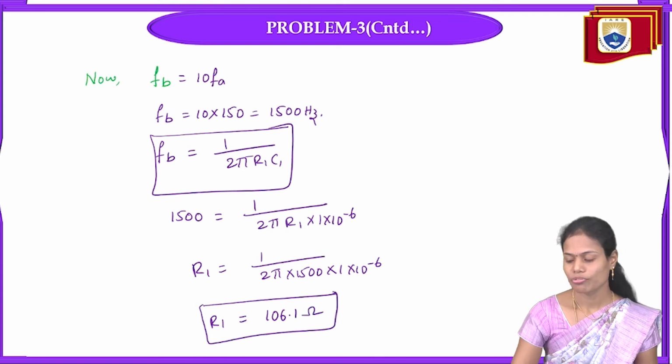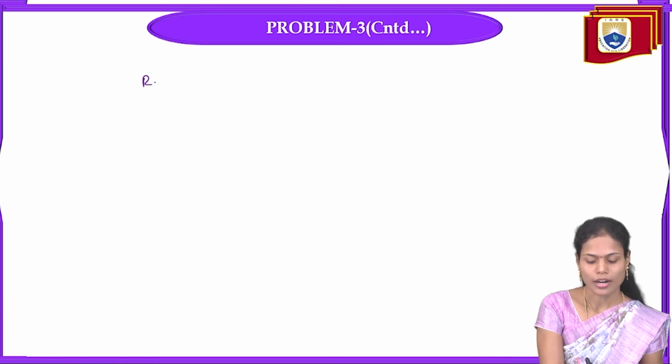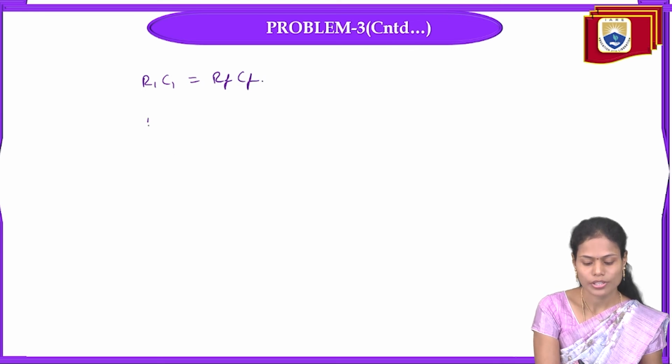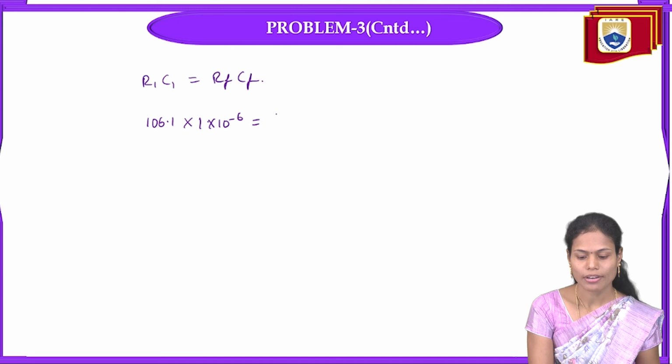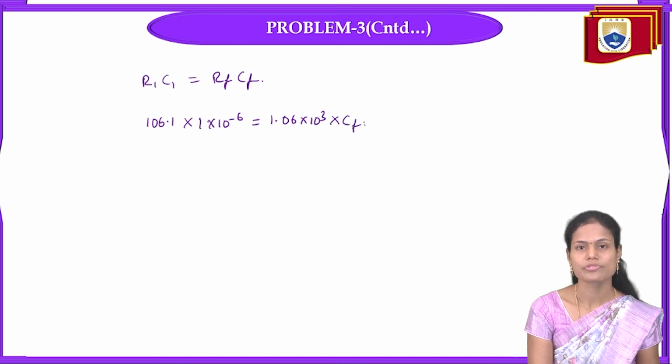Okay. And to find the feedback capacitance value, I am taking the relation R1C1 is equal to RFCF. So R1 value is 106.1, C1 value is 1 into 10 power minus 6, and RF value we got as 1.06 into 10 power 3, that is kilo ohms, and we don't know the value of CF.